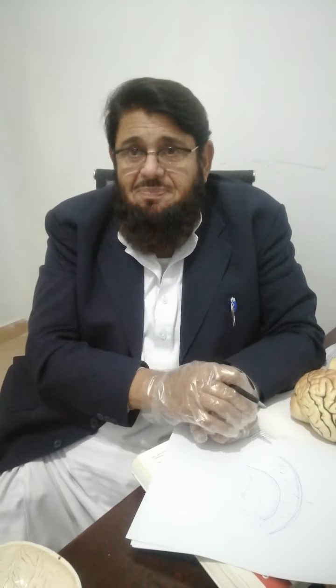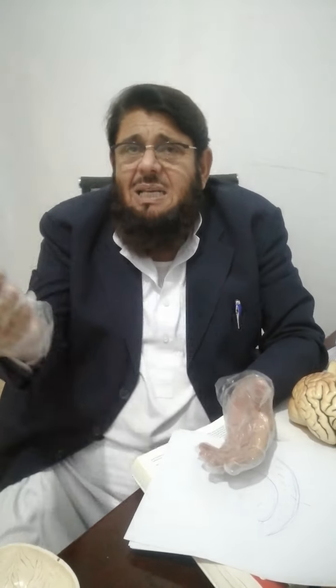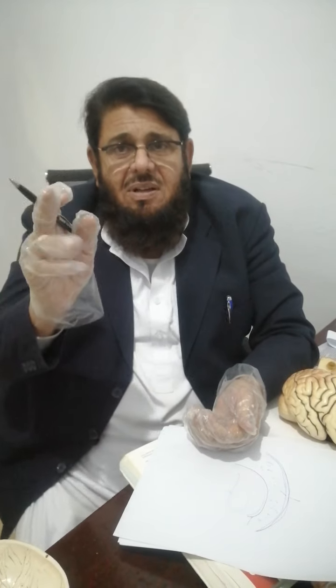Note one point. The dura mater is also called the pachymeninges, while the arachnoid mater and the pia mater combined are called the leptomeninges. Leptomeninges consist of pia and arachnoid, while the dura mater separately is called the pachymeninges.